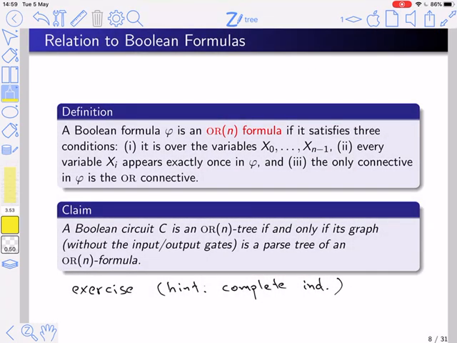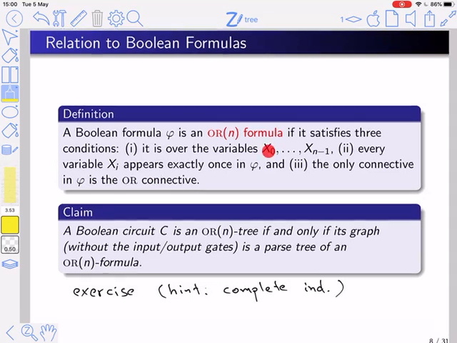Good. Now, you may ask, what happens if we look at Boolean formulas? Let's go back to Boolean formulas. So we can define what a formula for the OR of n bits is. It is over the variables x0 up to xn minus 1. Every variable xi appears exactly once in the formula, and the only connective which is used in the formula is the OR connective.